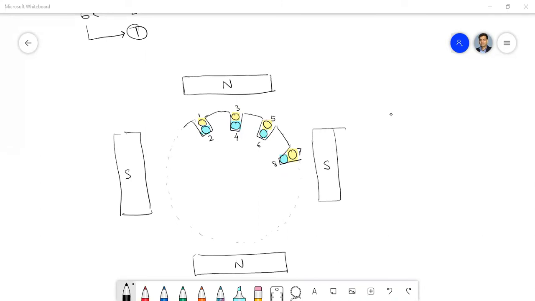Okay, so the point is here that another thing you have to draw here, not only the slots, you have to also draw the commutator.